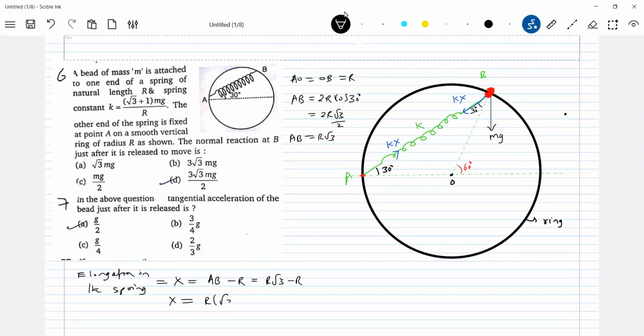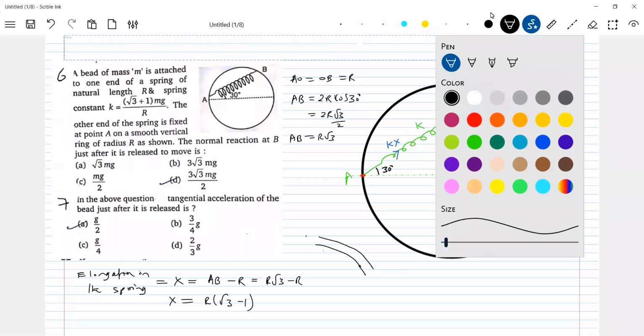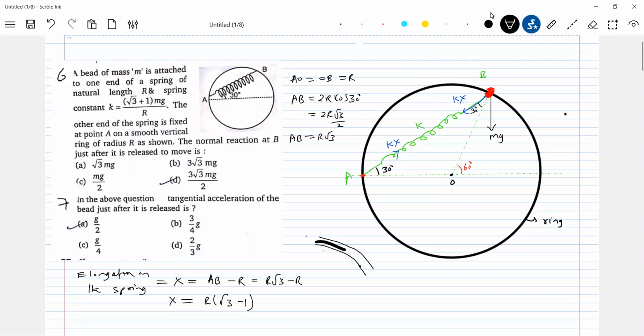Okay, now let's come to the forces acting on the bead. The weight mg is acting, and how should the normal contact act here? So what is the condition of the bead? There's one diagram I am further helping you with.